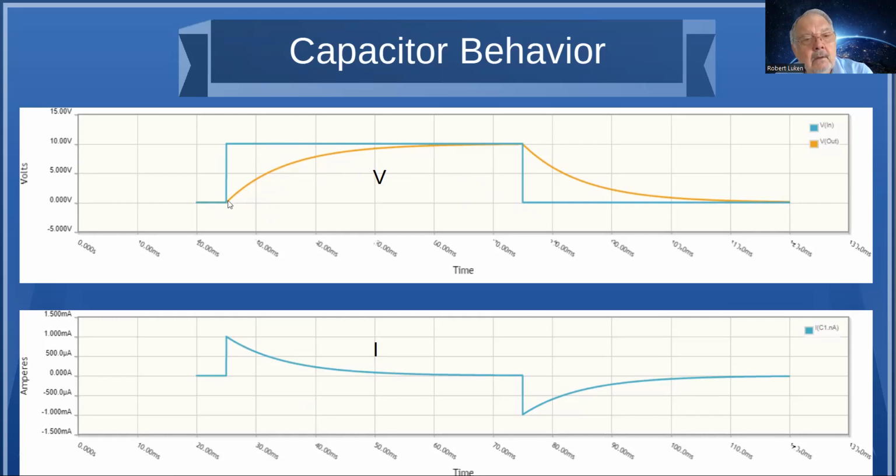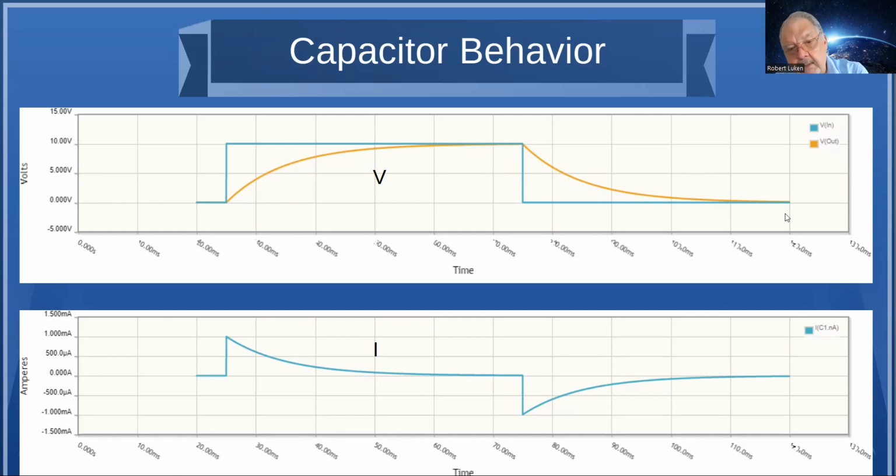So we see that when we first apply the voltage from the source, the capacitor is at 0 volts. It slowly charges up until it finally gets up to 10 volts. At that point, we took the voltage away and we see the charge dissipate back.